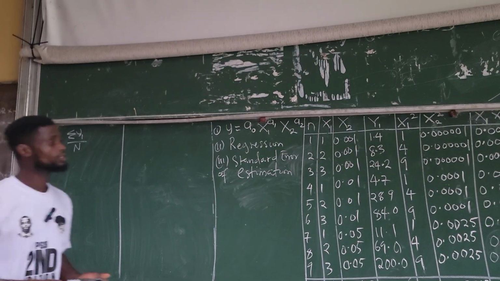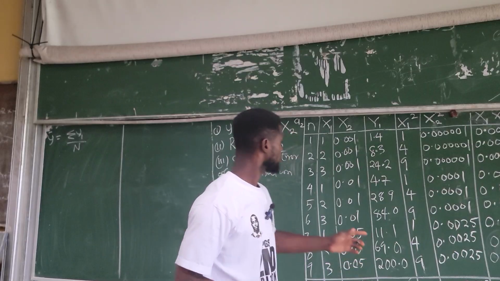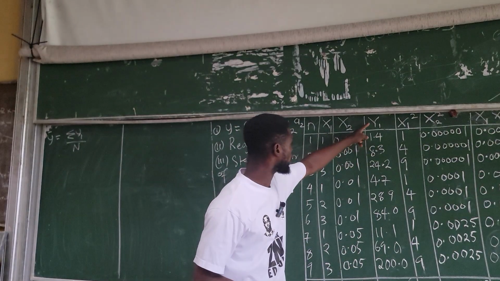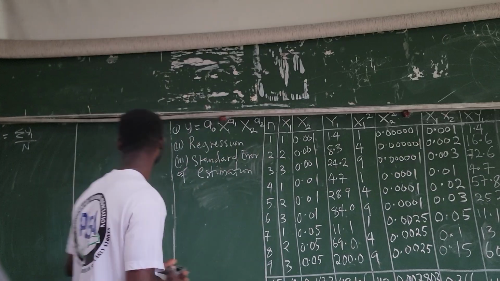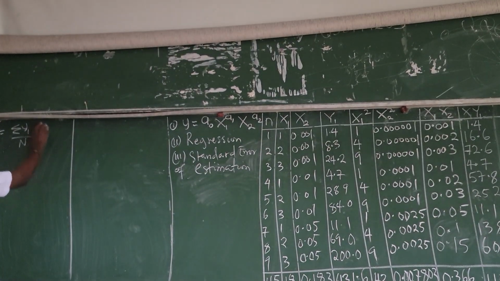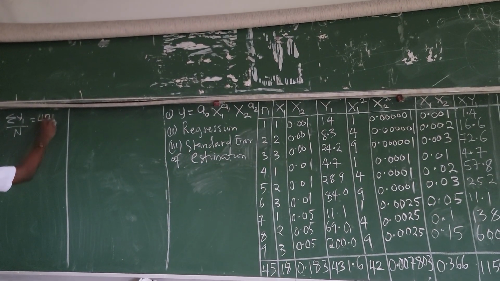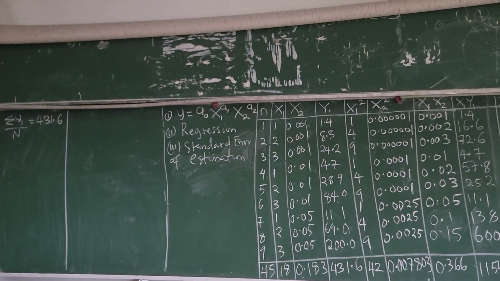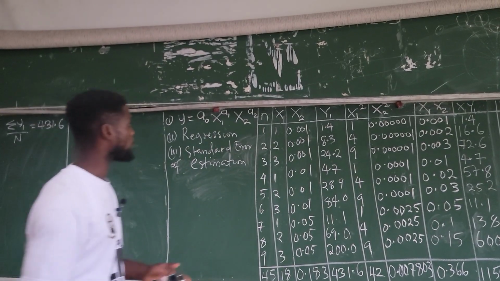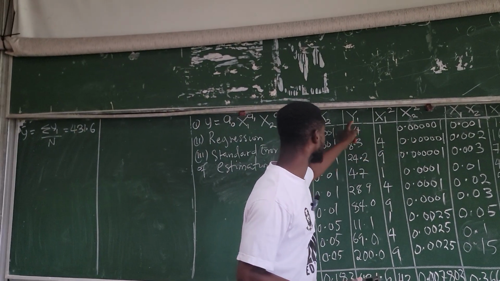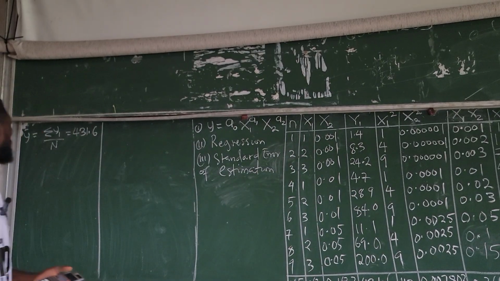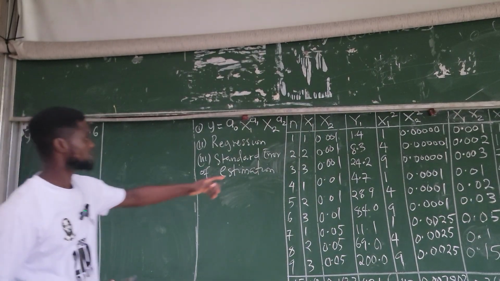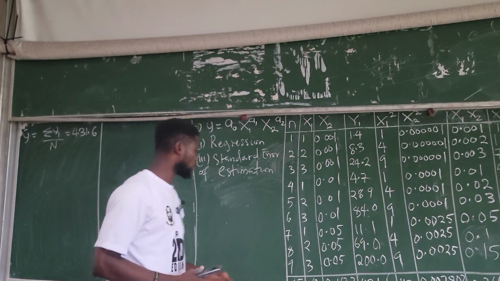So then remember our summation of y1, that is what? 431.6. That is the summation of our y subscript 1. So our n, the number is what? 45.